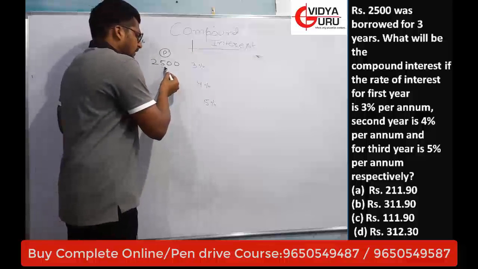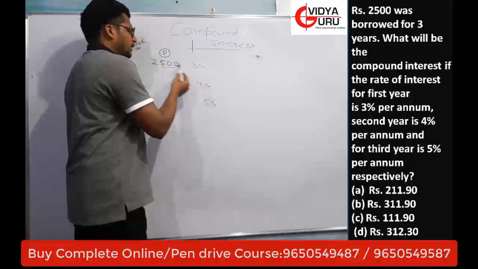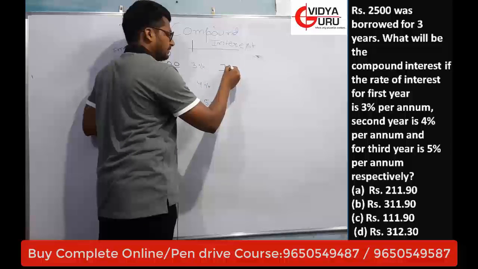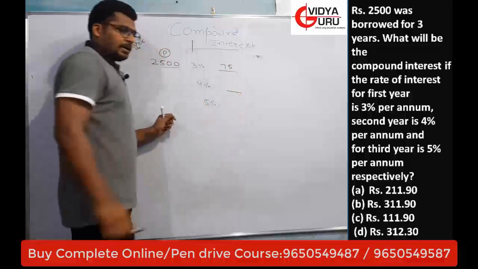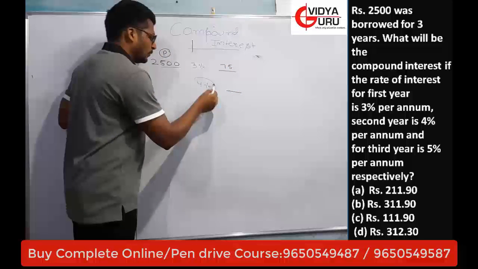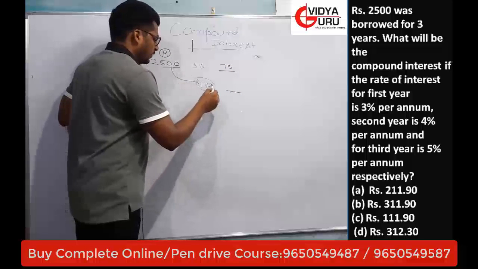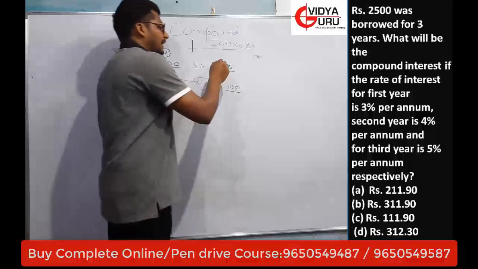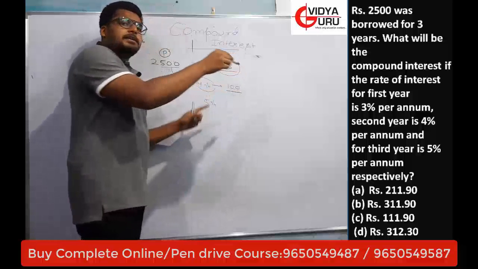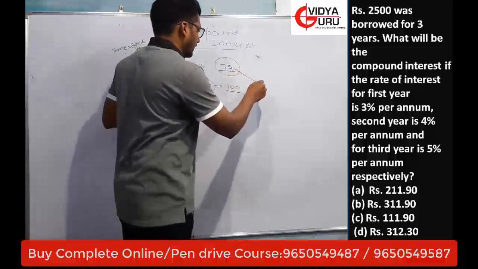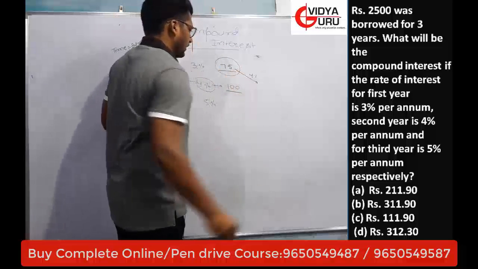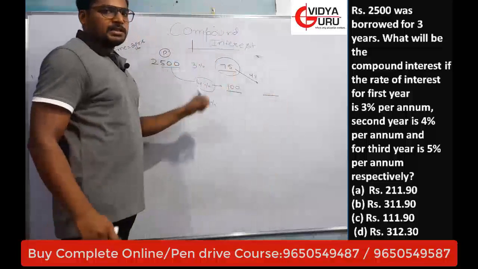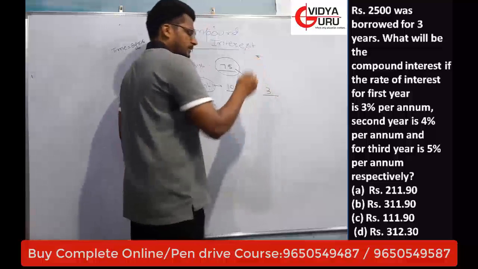For the first year, we have this amount. Its 1% will be 25 and 3% will be 75. For the second year, I will get a rate of 4%. On 2500, 4% will be 100. And for the second year, I will get interest on the first year's interest also. Its 4% will be, its 1% will be 0.75, so 4% will be 3.